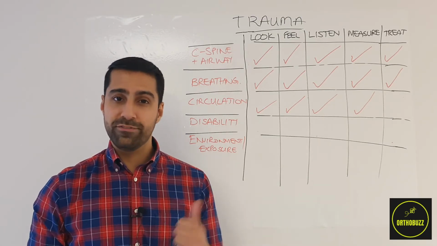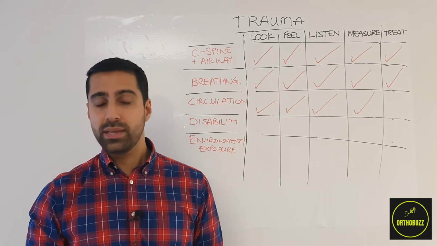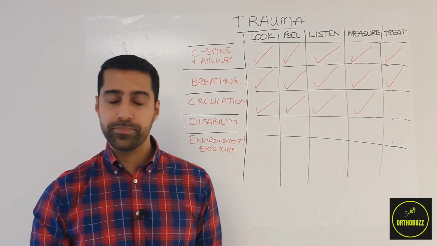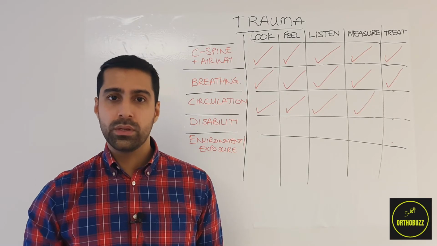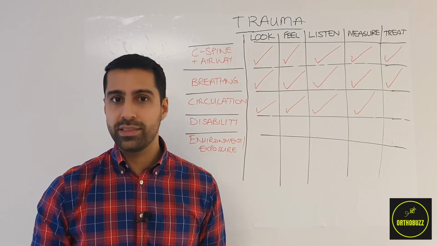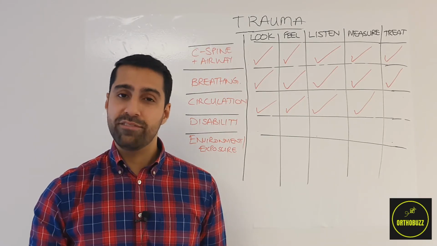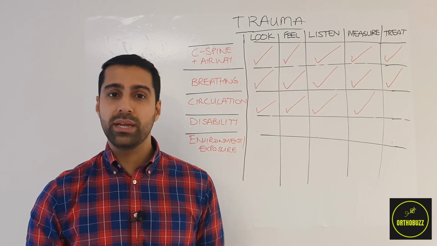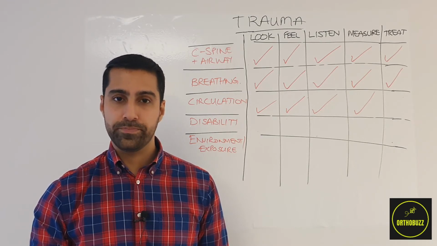These blood tests include a full blood count to monitor the hemoglobin, urea and electrolytes to monitor the kidney function, which can be affected, especially in hypovolemia secondary to trauma, the liver function tests, a clotting, a group and save, as a patient may need blood products later on, and therefore blood type matching is crucial, and importantly, a venous blood gas. In particular, we're looking at the lactate here, which can be increased as a marker of hypoperfusion, especially in the context of trauma.